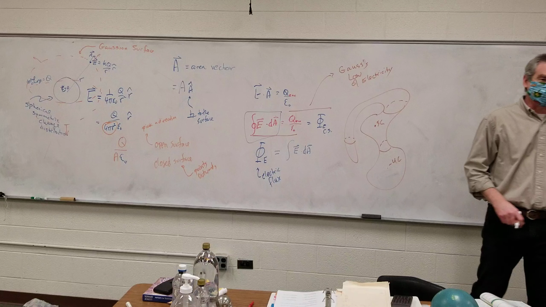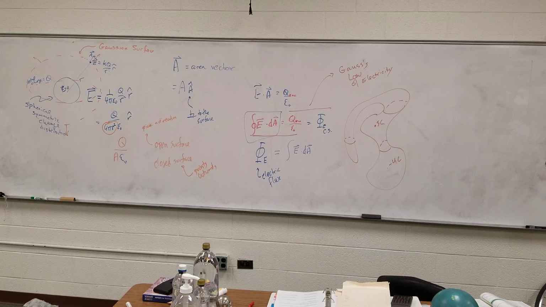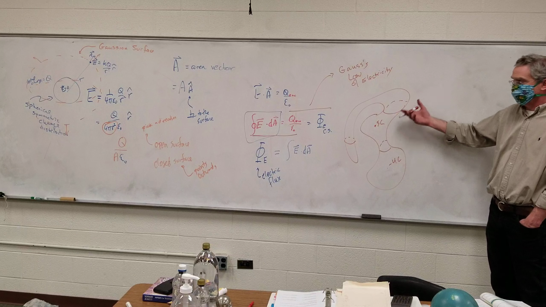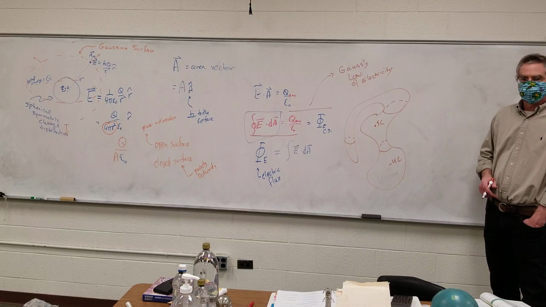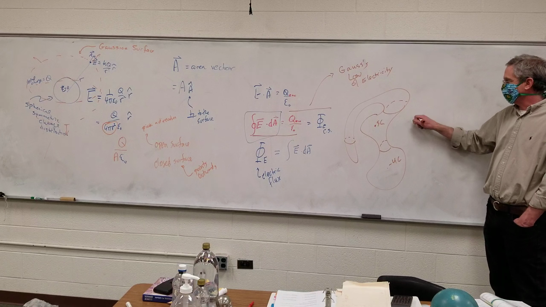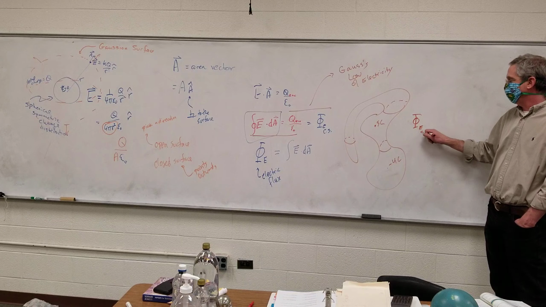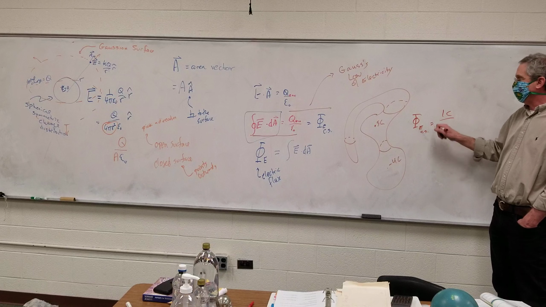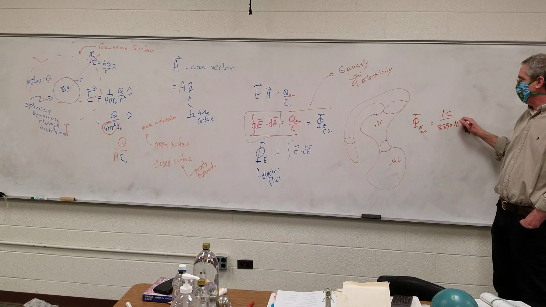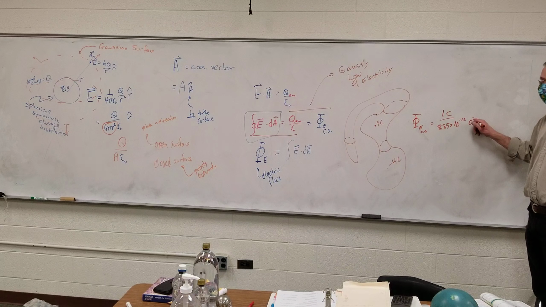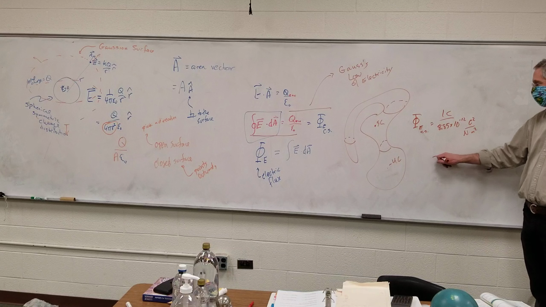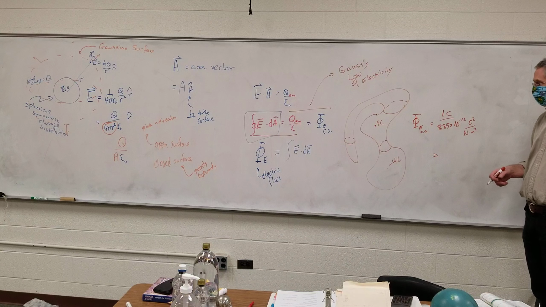And then if I ask what's the electric flux through the surface of this, well, what's the total enclosed charge? 1 coulomb. So my electric flux through that surface is 1 coulomb divided by 8.85 times 10 to the -12 coulomb squared per Newton meter squared. We get a huge number there.